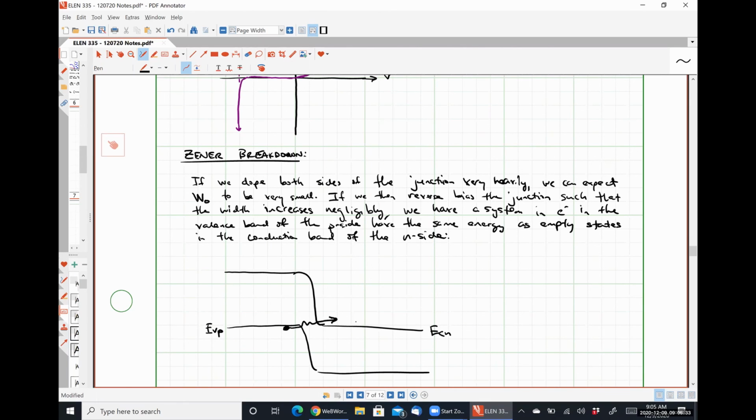Electrons can tunnel across that very small distance, and we observe that current flows, because when we put electrons into the conduction band, we expect current to be able to flow. So this is the p side, and this is the n side. This is what's occurring during Zener breakdown.